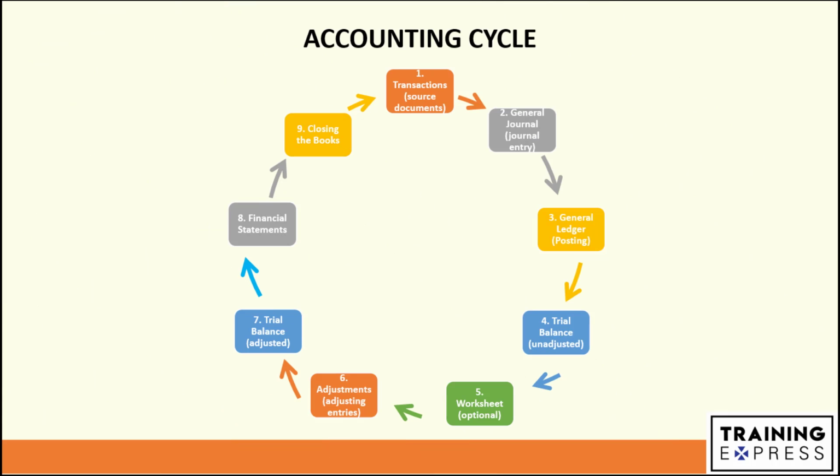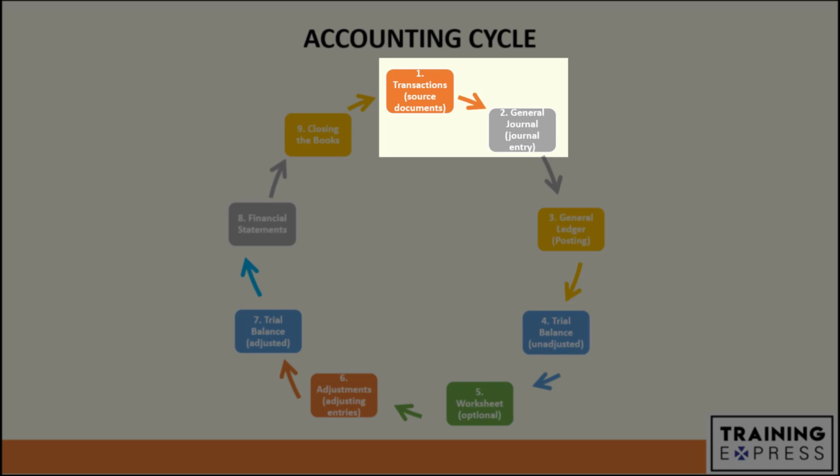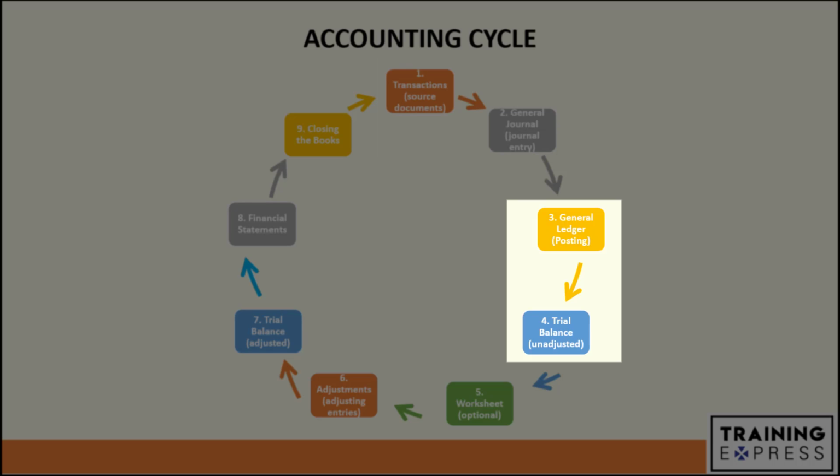In the last session, we talked about the first two steps in the accounting cycle, and that is, when a transaction occurs, first of all, we record that transaction in the general journal.